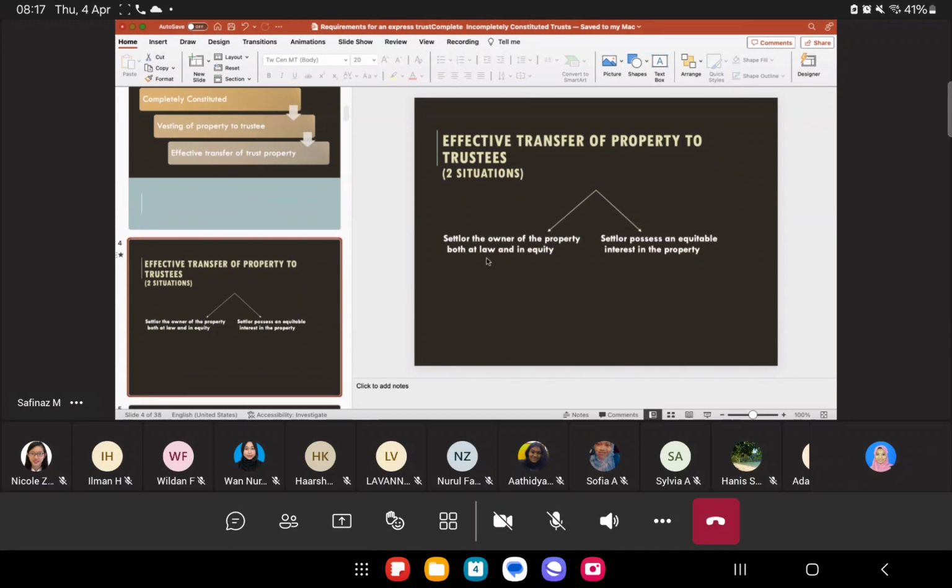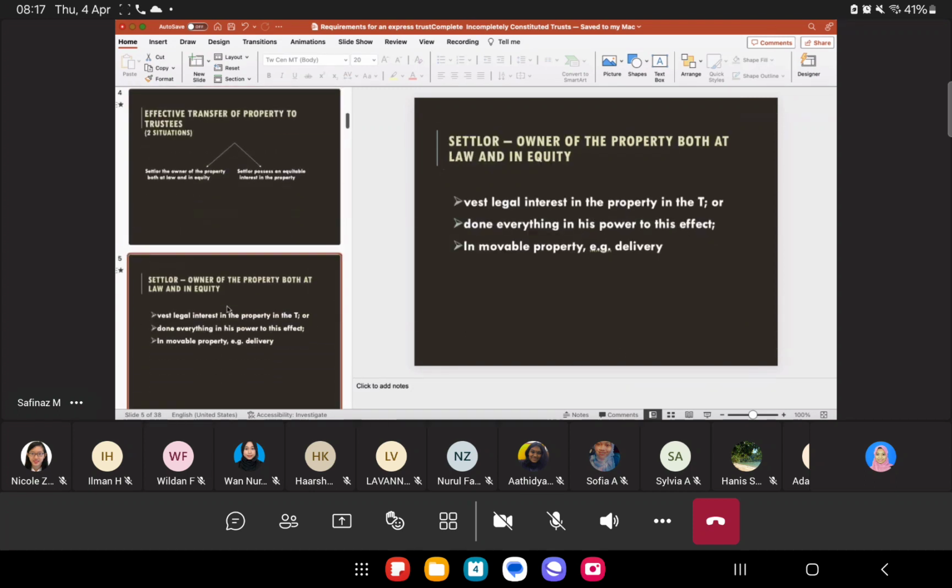Okay, so there are two situations in how you make an effective transfer of trust property. One, when the settlor is the owner of the property both at law and equity. The second is when the settlor is not yet the owner in law, but is an owner in equity, or possesses an equitable interest in the property. We will look at the first situation first, where the settlor is the owner of the property both at law and equity.